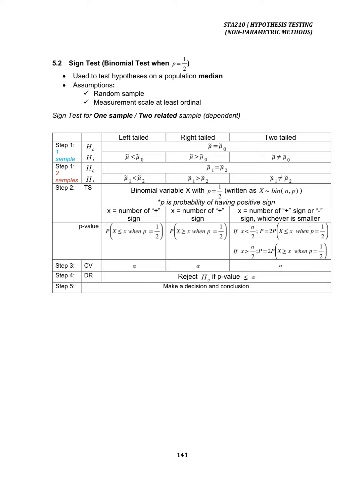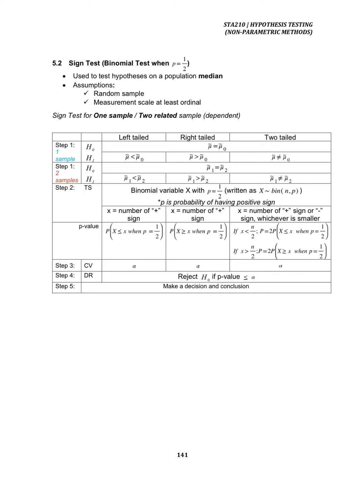Now let's take a look at the first test, for the non-parametric method, which we call the sign test, or the other name is the binomial test when p equals to half. This test is used for hypotheses on a population median. Previously, with the parametric method, most of the time you were dealing with either the mean, standard deviation, or proportion, right?